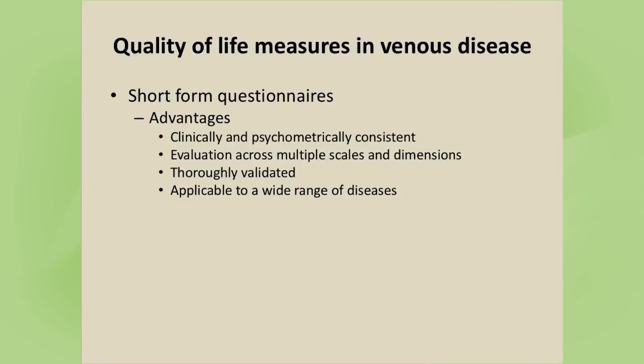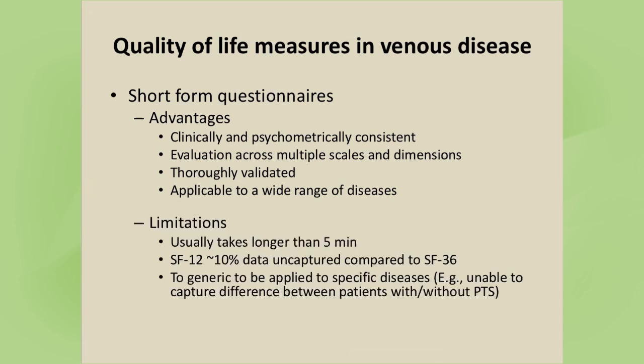Now, the advantages of the short form questionnaires: they are clinically and psychometrically consistent. Evaluation across multiple scales and dimensions can be performed, they have been thoroughly validated, and they're applicable to a wide range of diseases. On the other hand, they generally take more than 5 minutes to complete, especially the SF36.